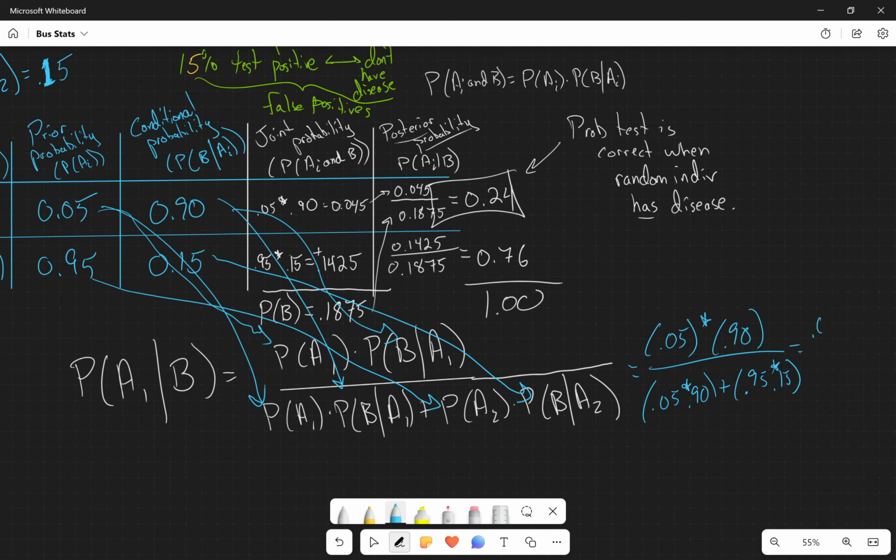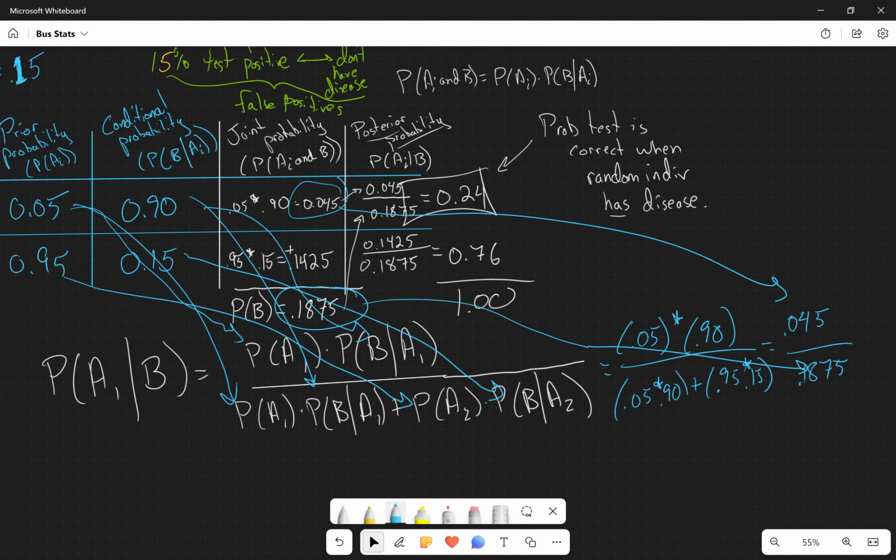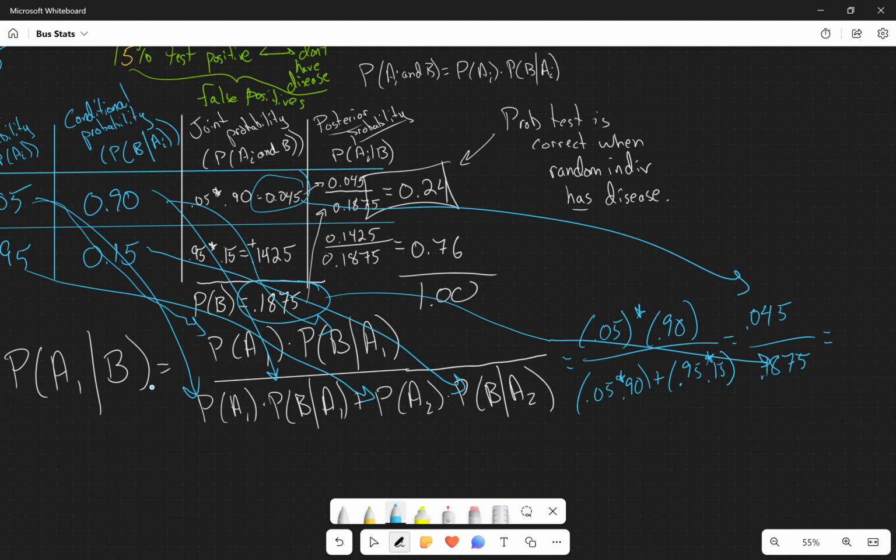So we get 0.045 on the numerator, right, which is our joint probability that we calculated. And then on the denominator, we get 0.1875, which is the probability of B. And so then we end up with 0.24.